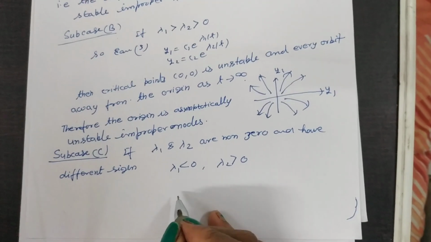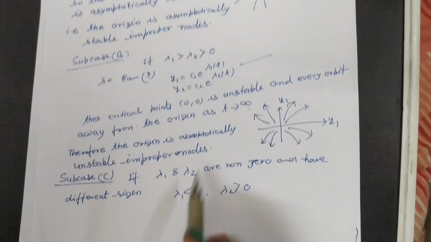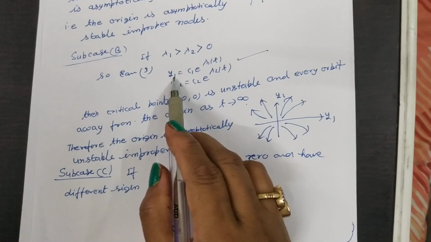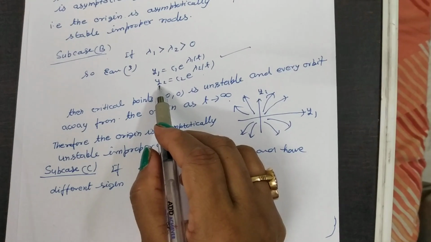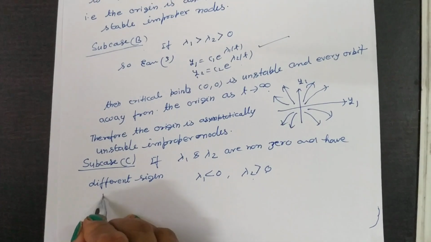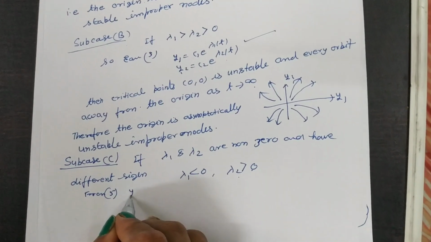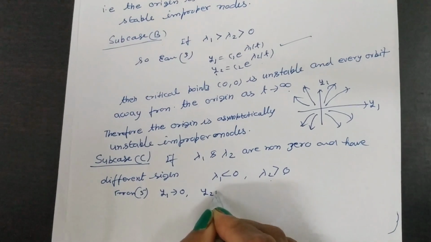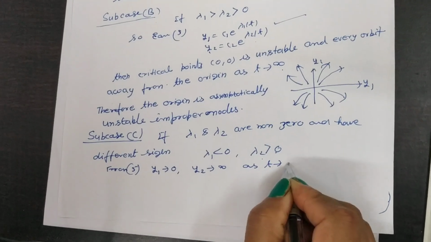Then from equation 5, since lambda 1 is less than 0, as t tends to infinity y1 tends to 0, and since lambda 2 is greater than 0, y2 tends to infinity.